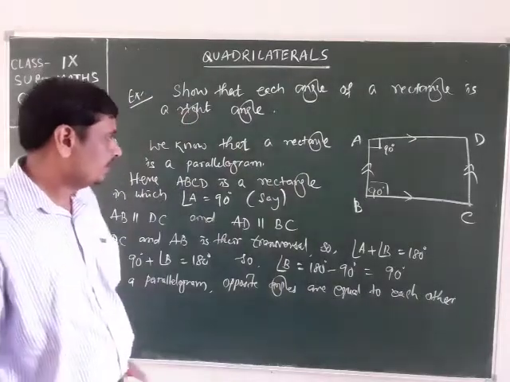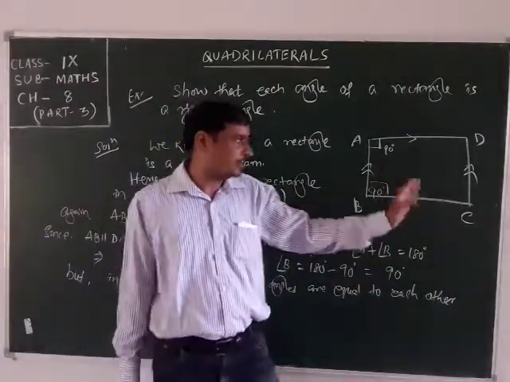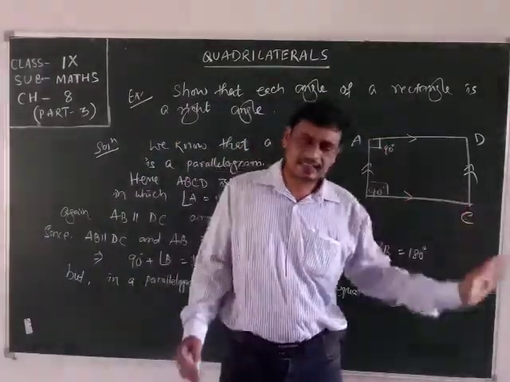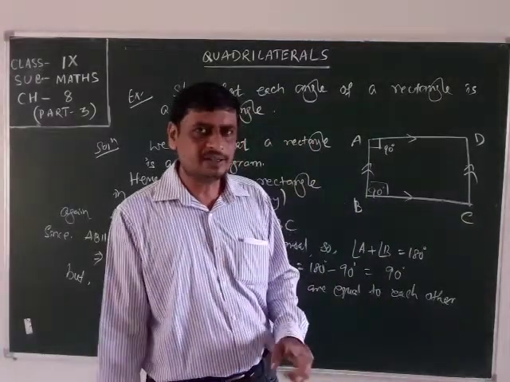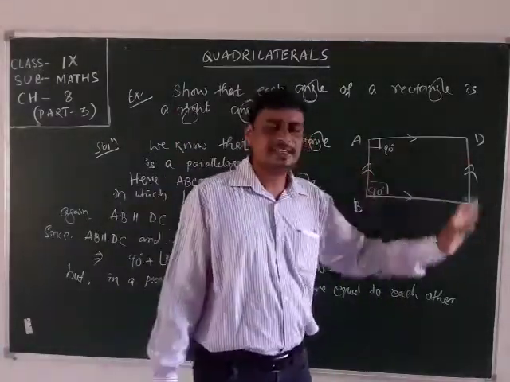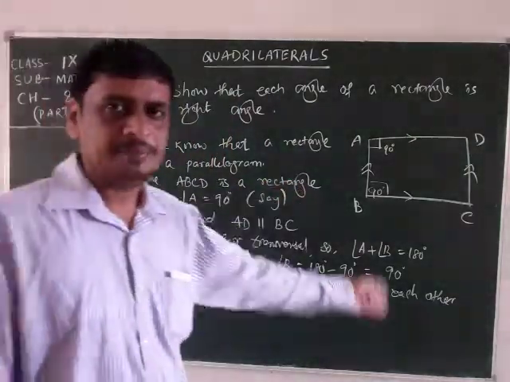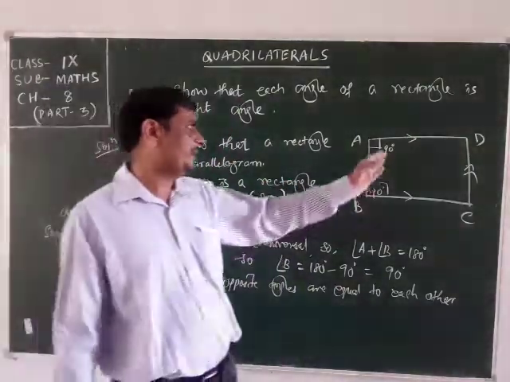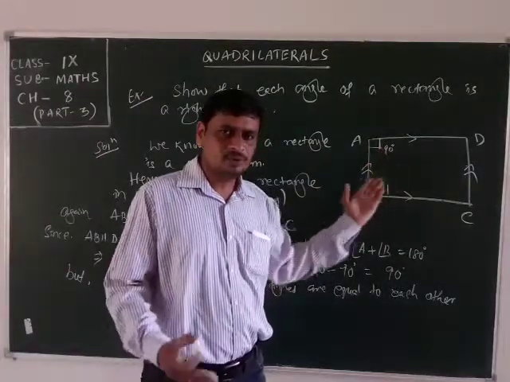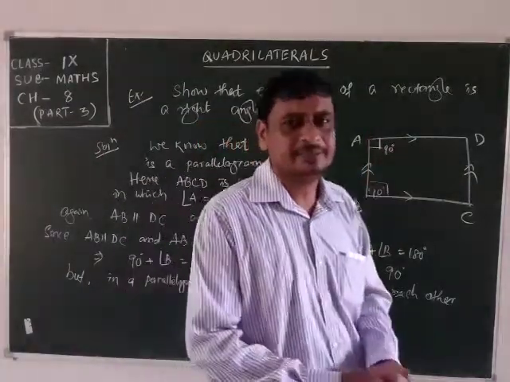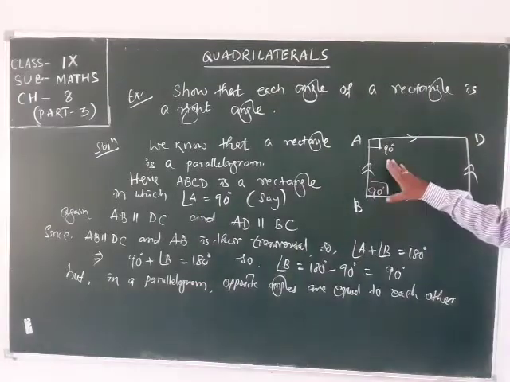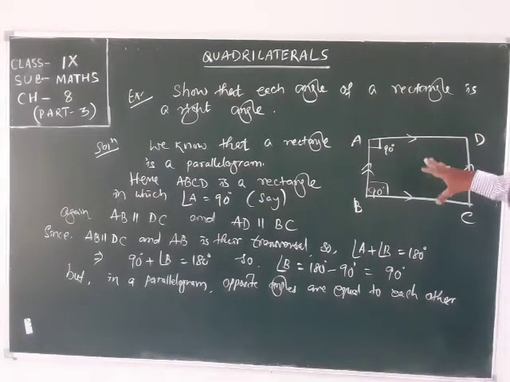When we observe any parallelogram, opposite angles like angle A and angle C will be equal. Similarly, angle B and angle D are also equal to each other. These two pairs are opposite angles in a parallelogram. The value of angle A is given in our statement, that one of the angles is a right angle.